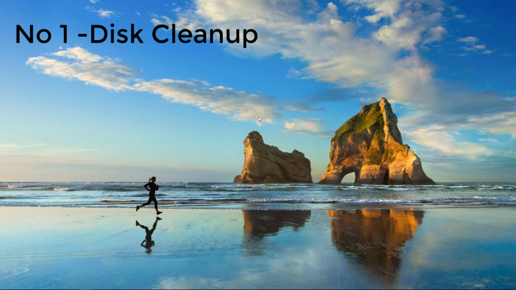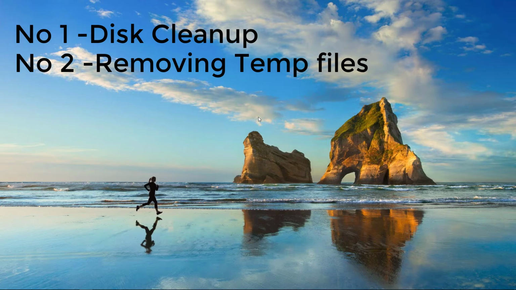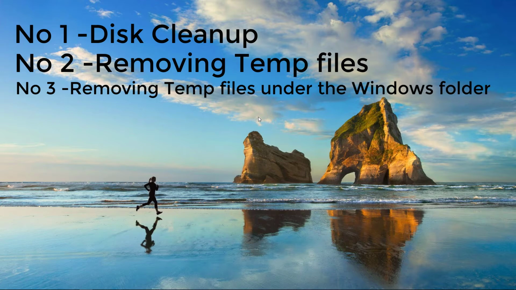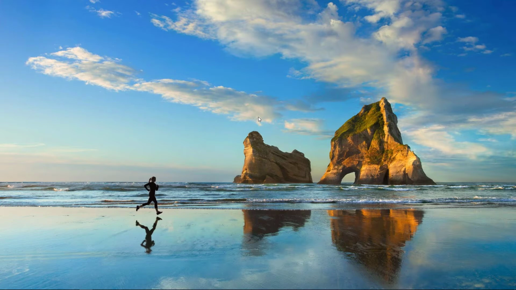The other option is removing temporary files under AppData. The third option is removing the temporary files under the Windows folder. Might be a lot of people don't know about that one. Probably they know, but it's kind of an uncommon way. Okay, let's see.